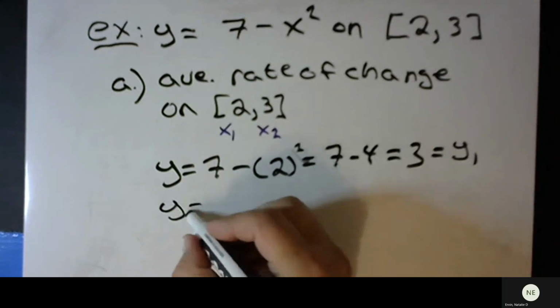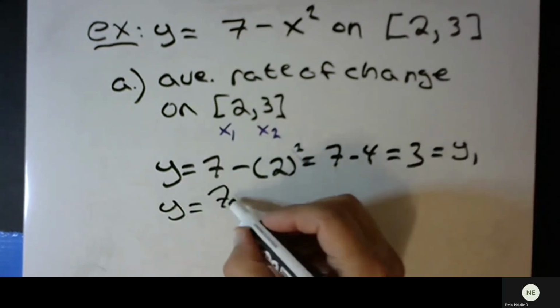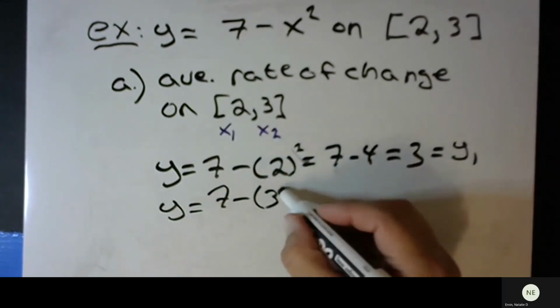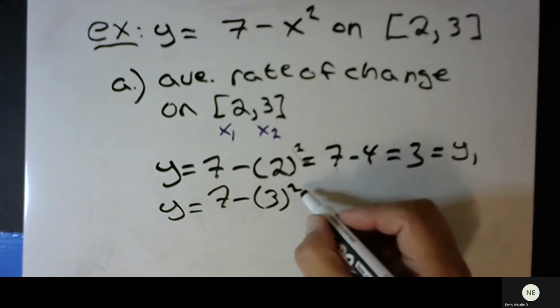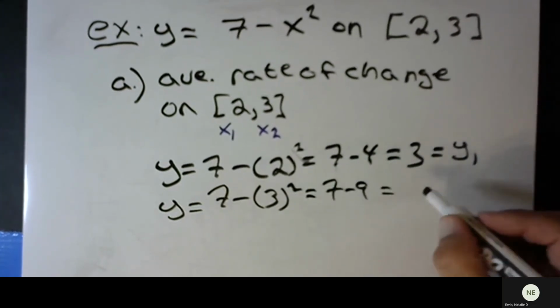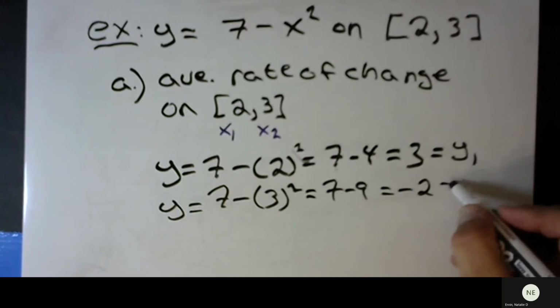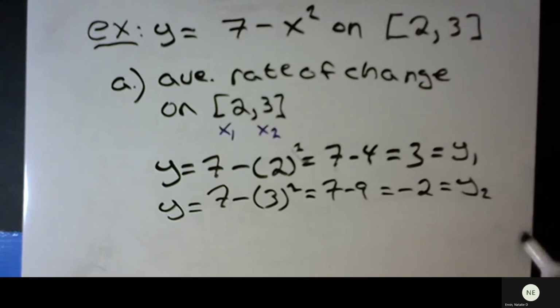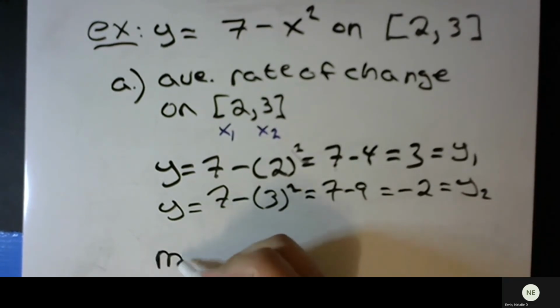And then for y2, and that's your y2. So to get the average rate of change, what you're going to do is calculate the slope.